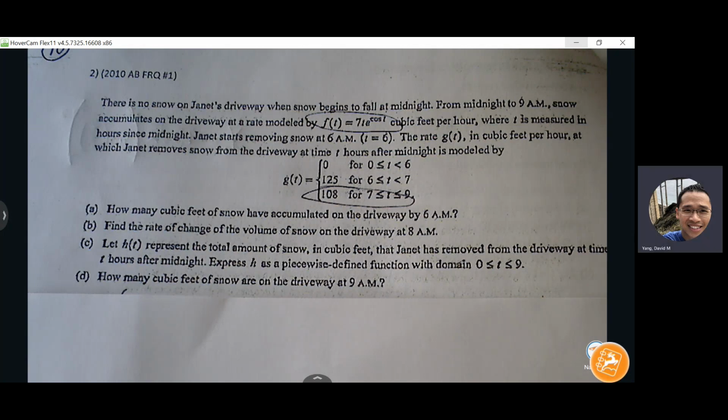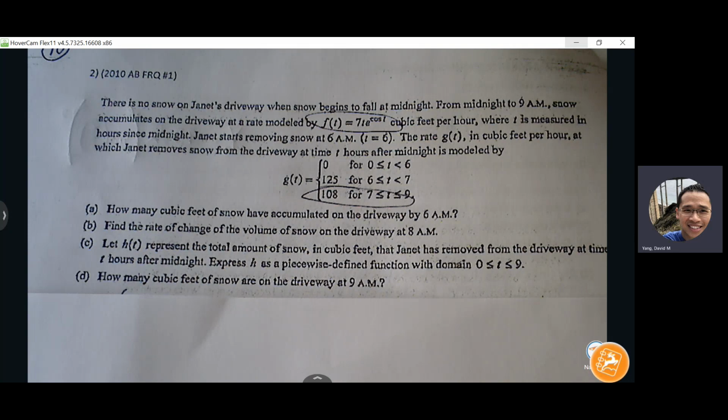So part A says how much snow has accumulated on the driveway by 6 a.m. Part A is usually the simplest, the most straightforward. Well, we have the rate at which snow is falling on the ground. So how can we find out how much snow there is by 6 a.m.? Take the what?